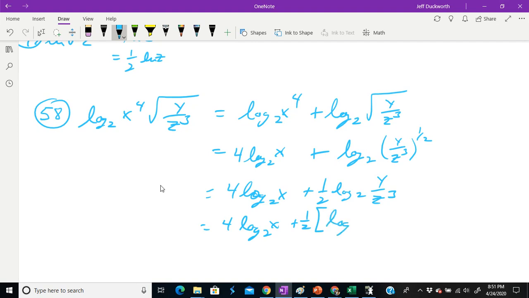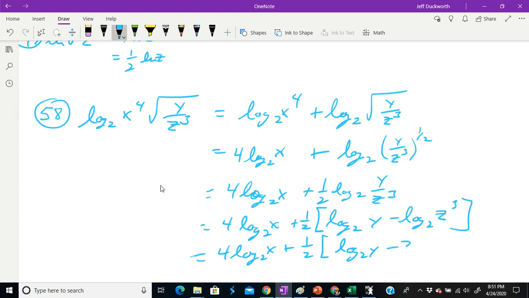This is log base 2 of y minus log base 2 of z cubed. And I'm almost done. If you want to distribute the 1/2, you can, but I'm leaving it out. So log base 2 of x plus 1/2 times the quantity, this one stays the same, and we can do something about this 3. So subtract 3 log base 2 of z.